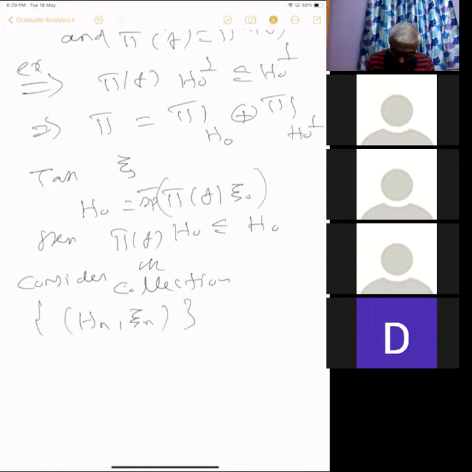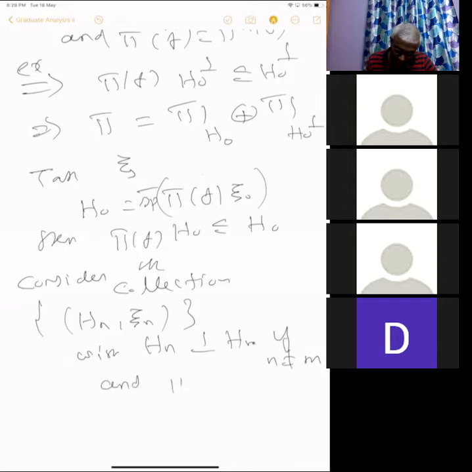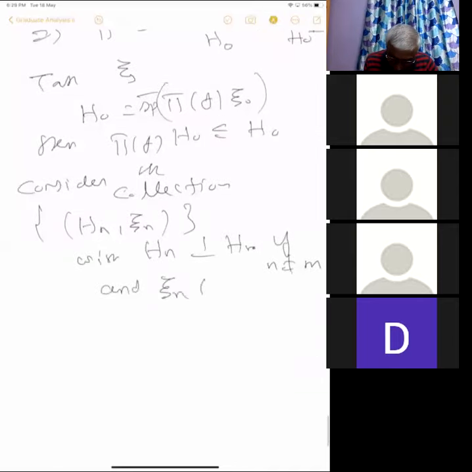You consider this collection where Hn is orthogonal to Hm if n not equal to m, and xi n is in Hn and is cyclic for pi restricted to this Hn.